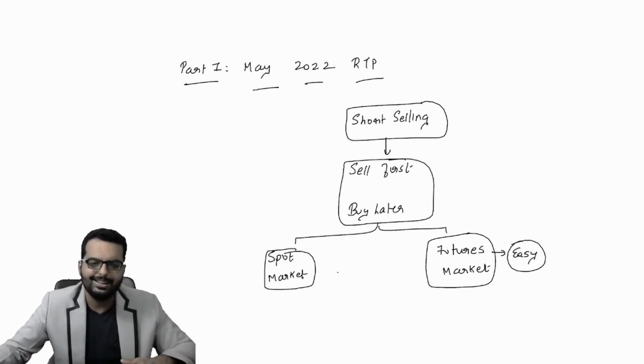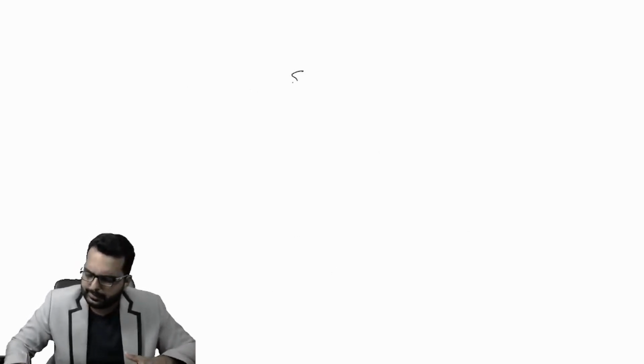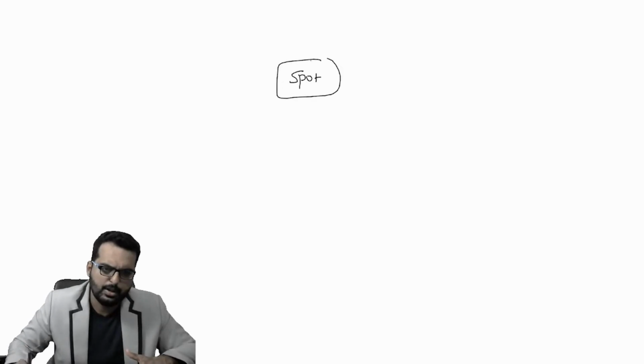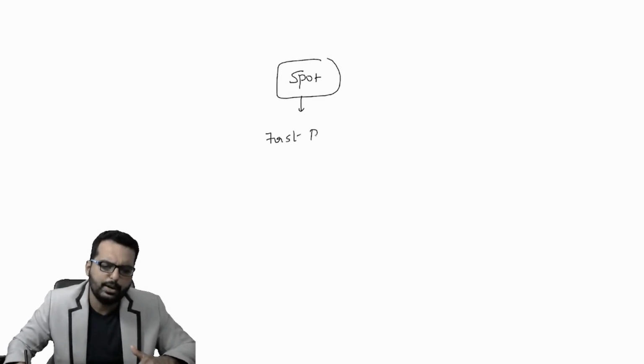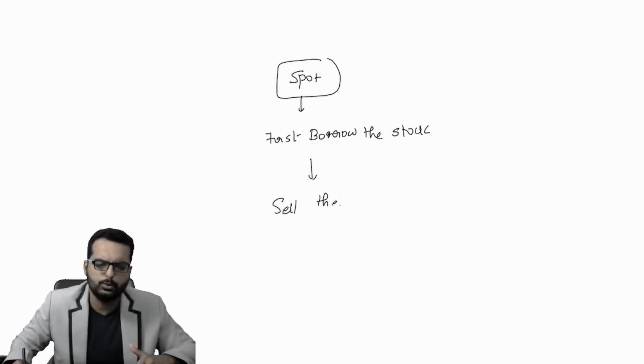All right. That is where in the spot market, if you really want to sell a stock without owning it, you have to go by 2 steps. Step number 1, you first borrow the stock, and after borrowing the stock, you can sell the stock.